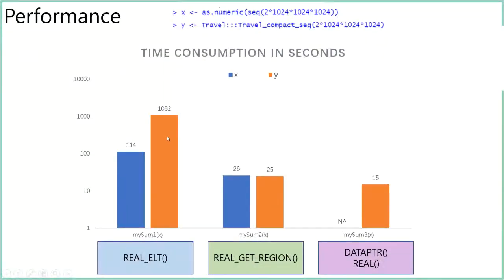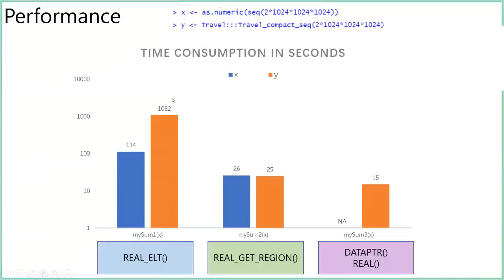First, if the element function sees that a vector has a pointer, then it will call the data pointer to get the data from the vector. And getting the data pointer for a travel-made ALTREP is not a trivial job. So that contributes to part of this time.